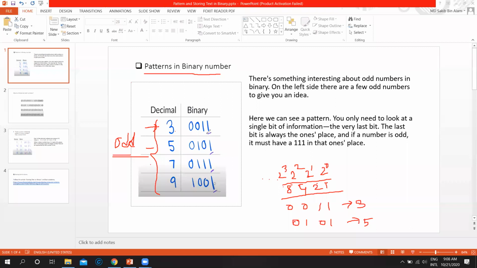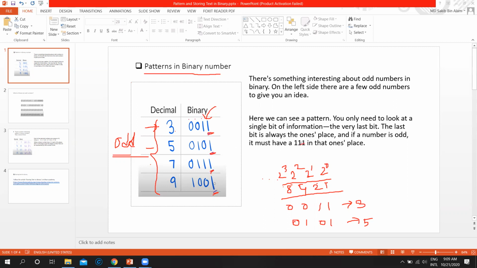The pattern is on the ones place, the last bit. This is the first bit, second, third, fourth, or last bit. For all of these binary numbers, you will see that the last bit, or ones place, is always 1.